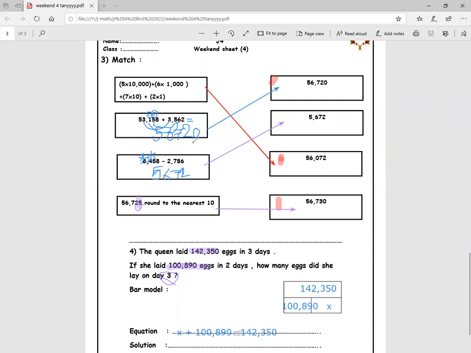So what would the solution be? I need to find x. So x equals what? x equals the whole minus the part. Now let's find the answer.